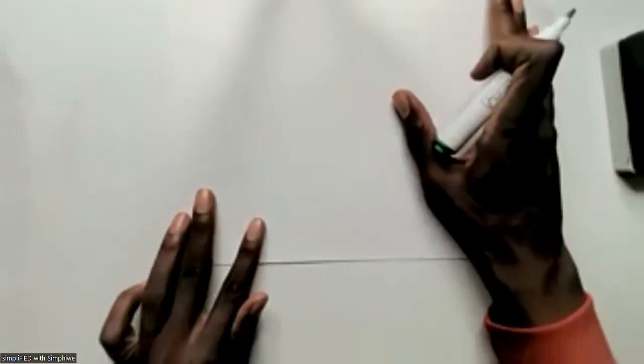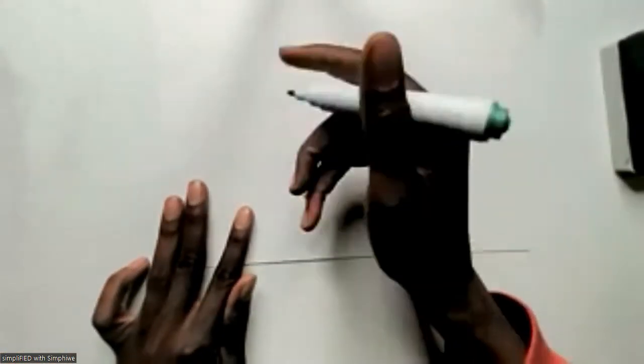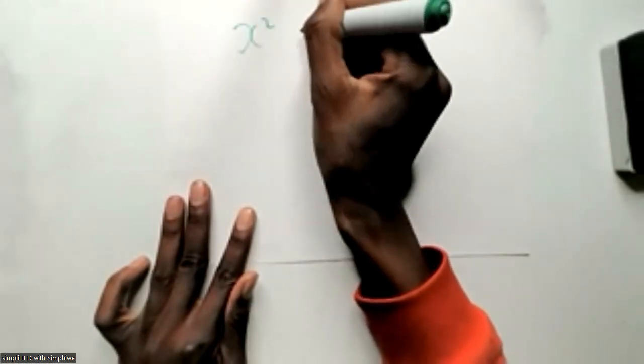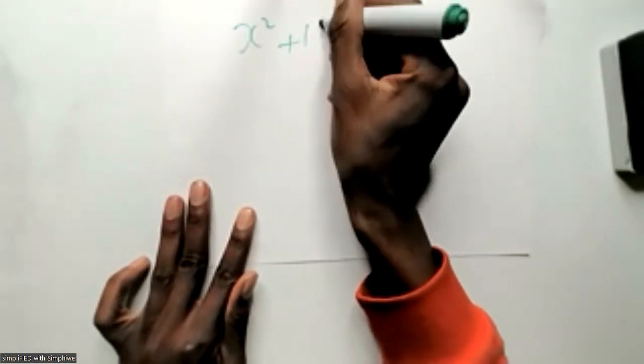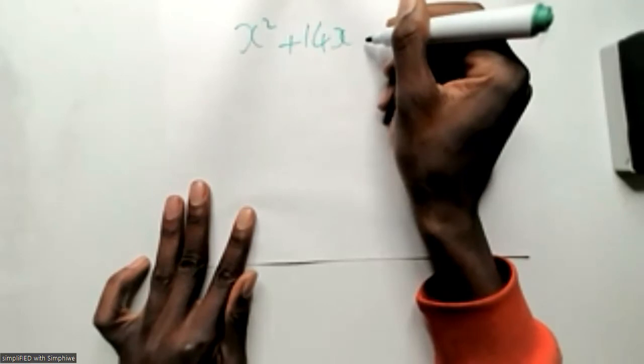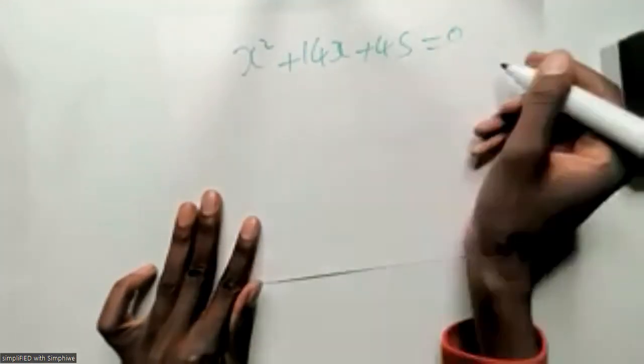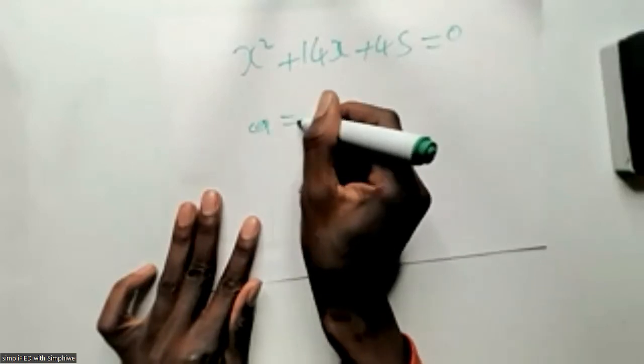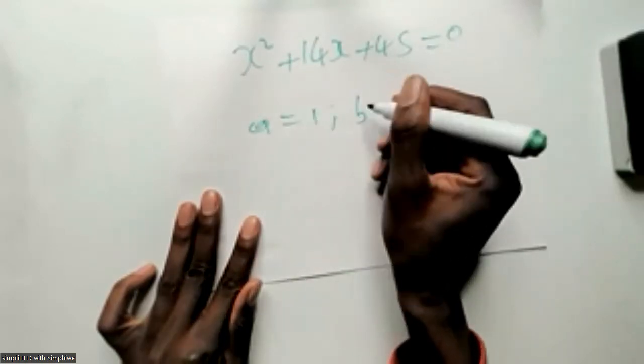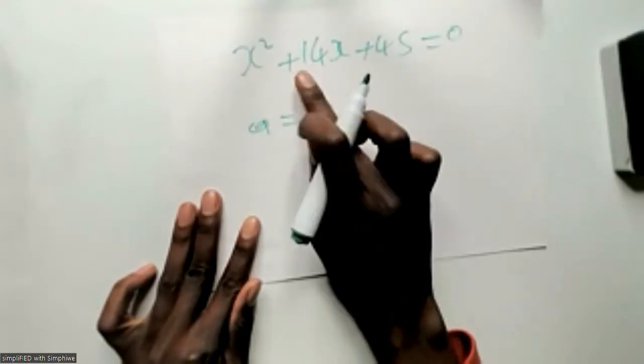And let's go to the third question. The third question is just given as it is. So we have x squared plus 14x plus 45 is equals to 0.